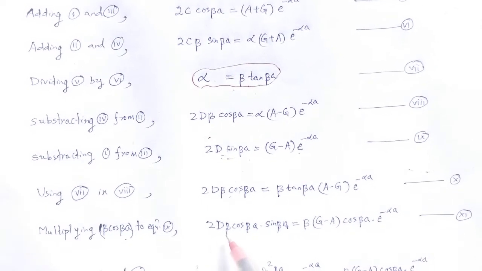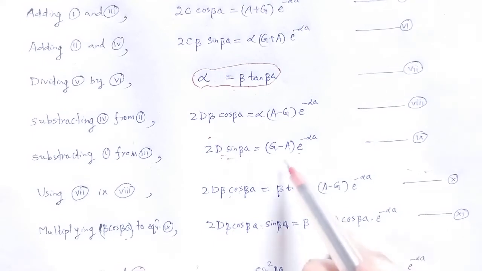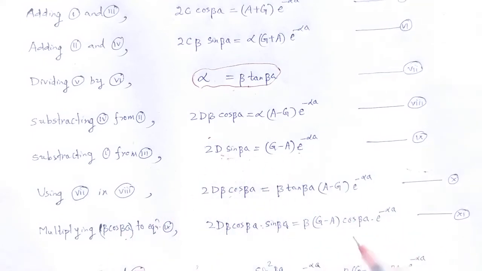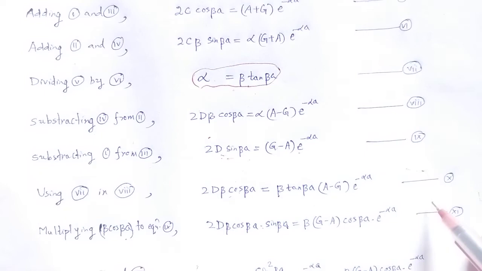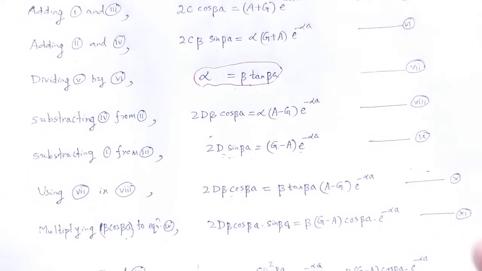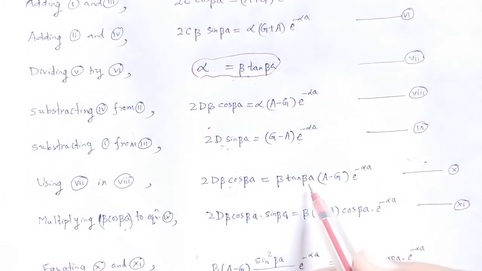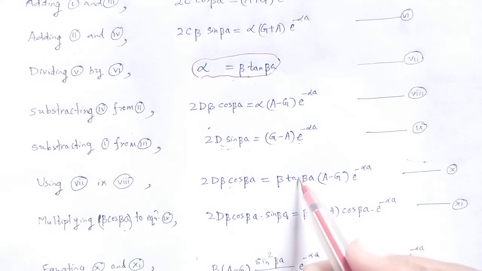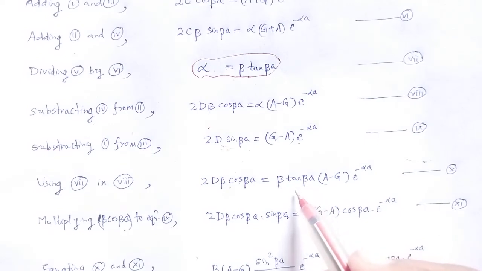So we get 2d beta cos beta a into sin beta a is equal to, again multiplying that factor on both sides, we have beta of g minus a cos beta a into e to the power minus alpha a. Look at these two equations, equation x and xi. That value is tan beta a, that is sin beta a divided by cos beta a.